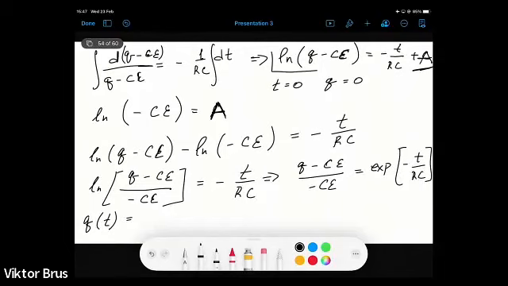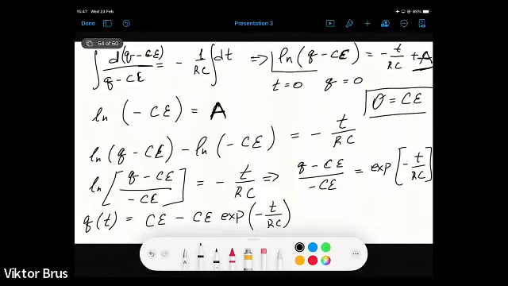So here we can write q as a function of time. It is equal to c times epsilon minus c times epsilon times exponent of minus t over rc. Keep in mind that c times epsilon is the maximum charge which can be accumulated at the capacitor, and that is equal to capacitance times electromotive force.